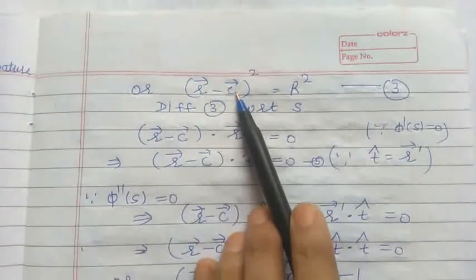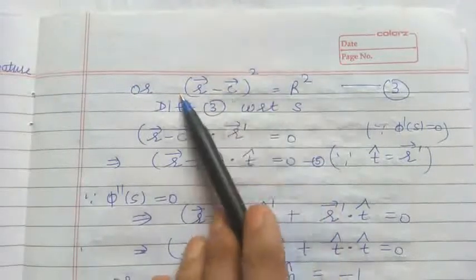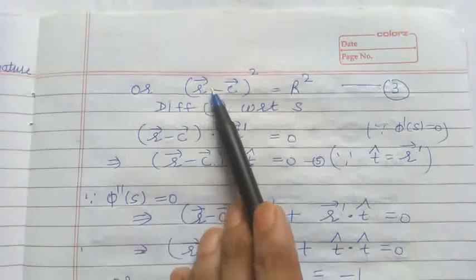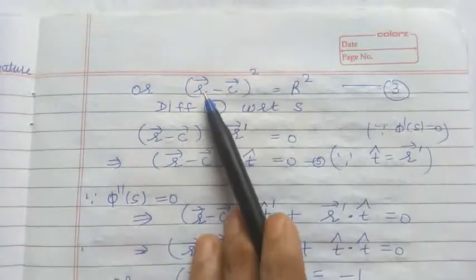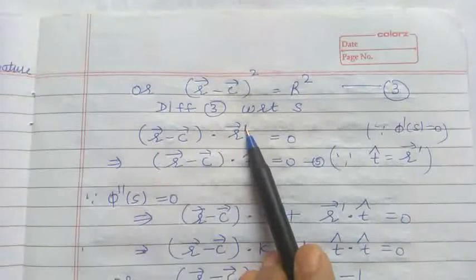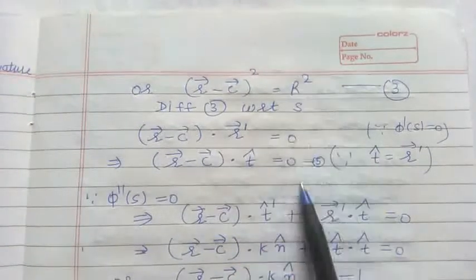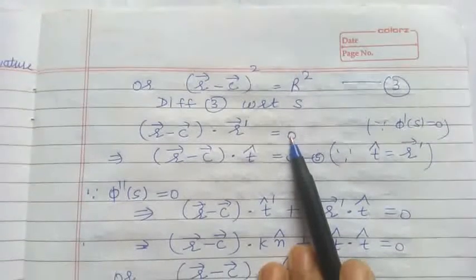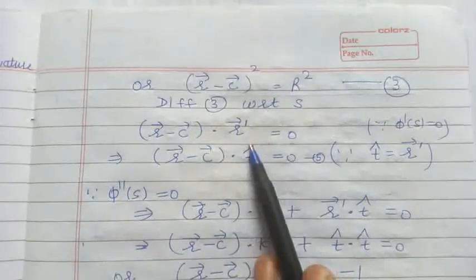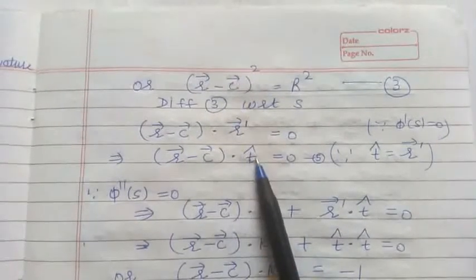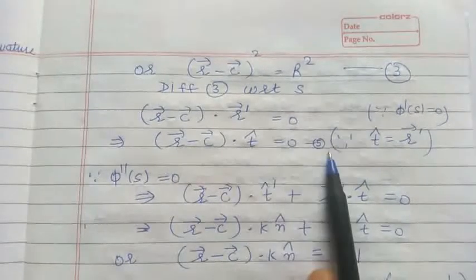So differentiating from here, the power 2 comes forward into (vector r minus vector c). Then the derivative of vector r with respect to s will be the vector r dash, and the derivative of R square will be 0. Now by definition we know that t cap is the unit tangent vector to the curve. Therefore we can substitute here t cap. So we get this equation from here.